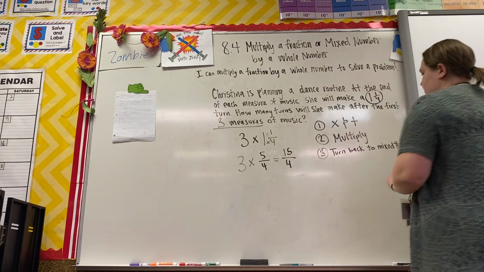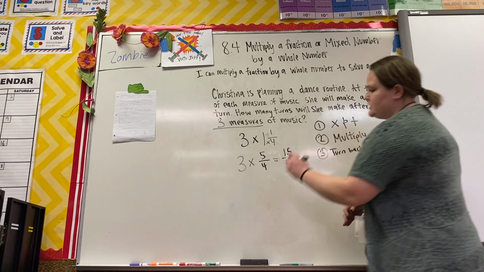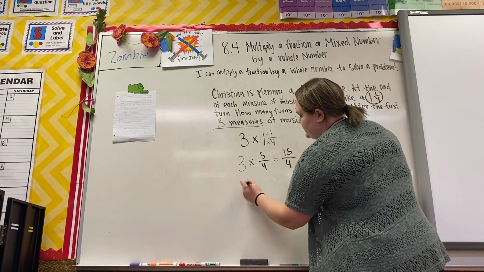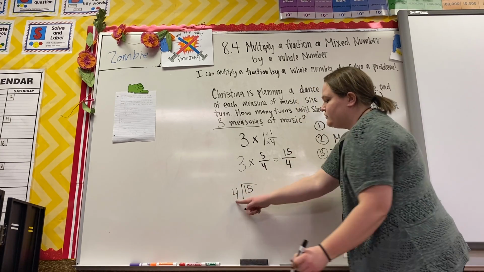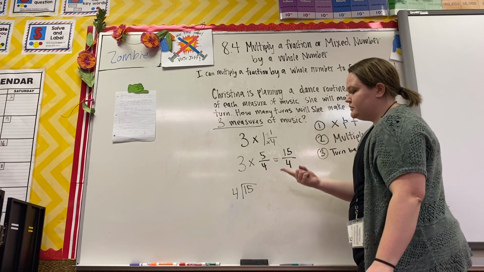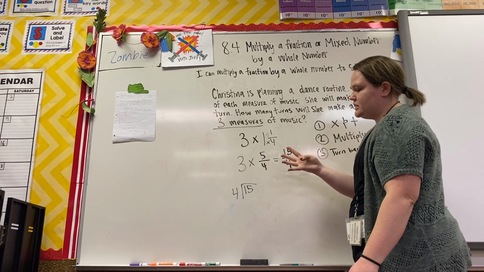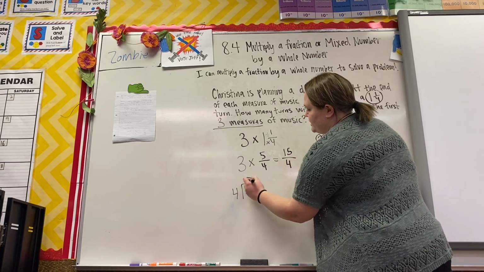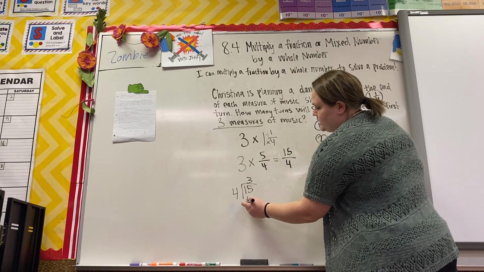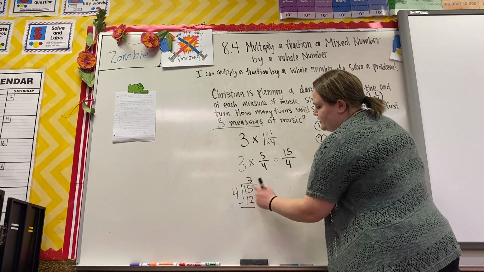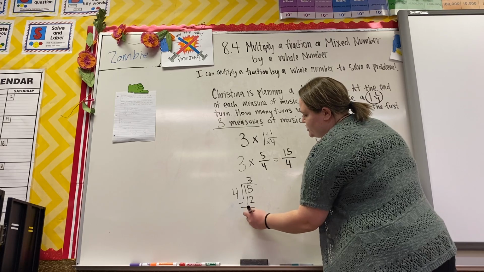So to do that, let's divide 15 divided by 4. 4 can go into 15, 4, 8, 12, 16, too much. So 4 times 3 is 12. 15 take away 12 is 3.